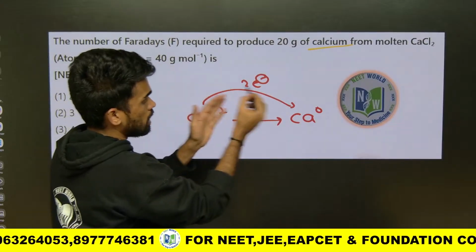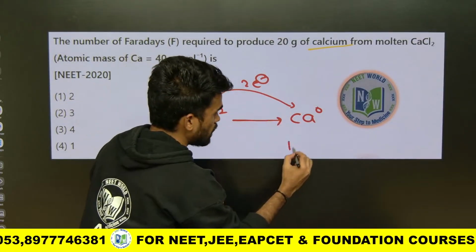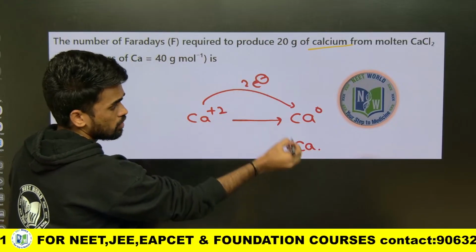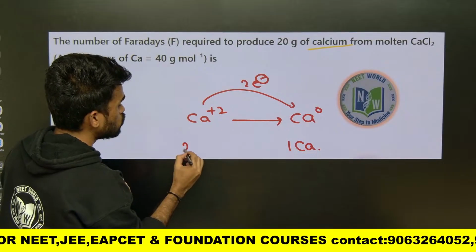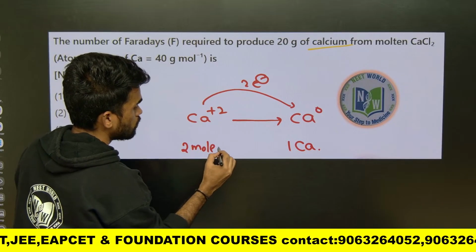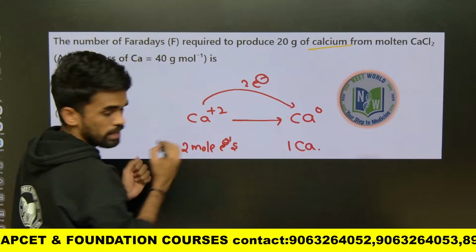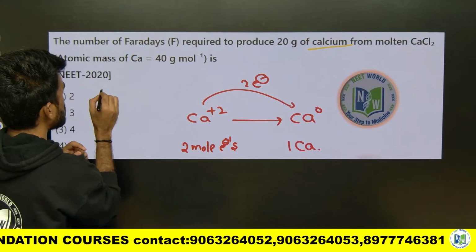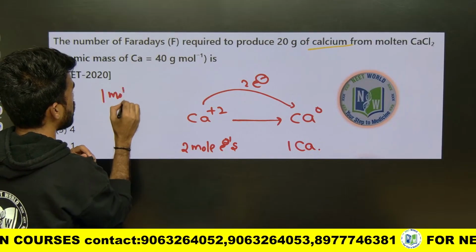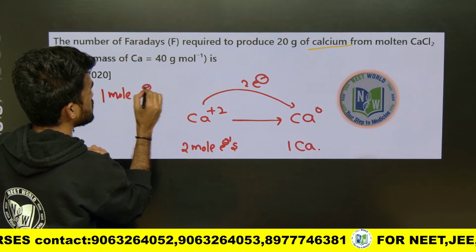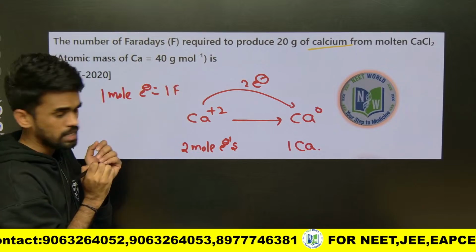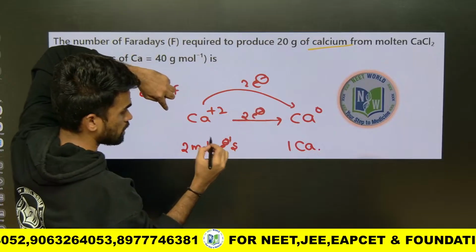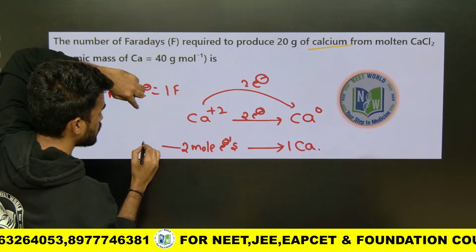In order to produce 1 mole of calcium, how many moles of electrons are required? For 1 mole of calcium we require 2 moles of electrons. So the charge of 2 moles of electrons is how much? I told you the charge of 1 mole of electrons is 1 Faraday, right? Here you are giving 2 moles of electrons, which means 2 Faradays.